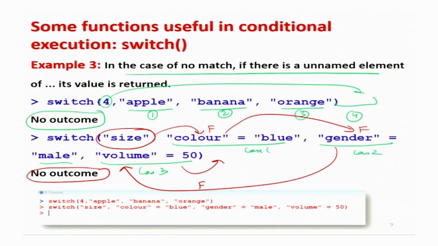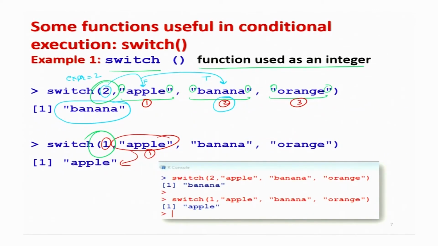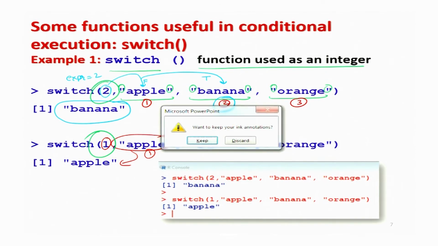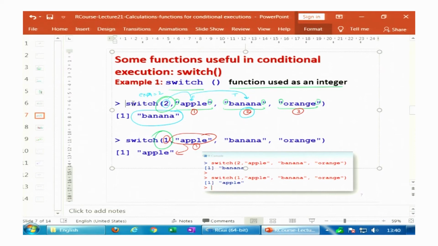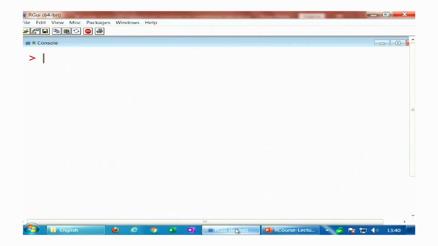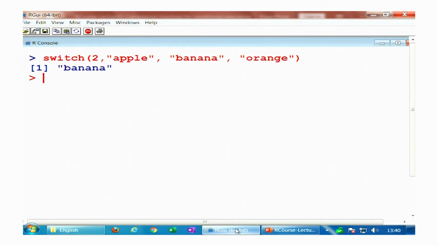So let us first execute these examples on the R console, so that you get more confidence. I copy and paste this command, and you can see that when I take switch 2, whatever is written in place number 2 comes, banana.